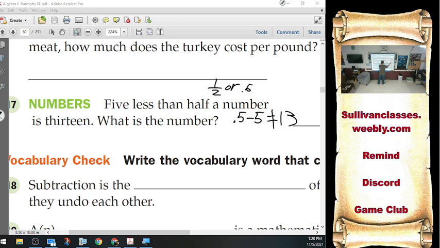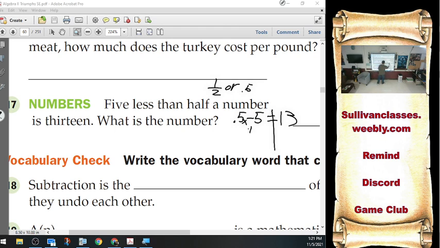So now after pause! Where's your variable? Okay, half a number. So it's half of the x. Continue.